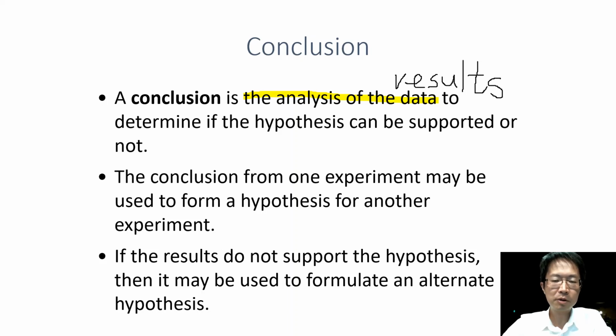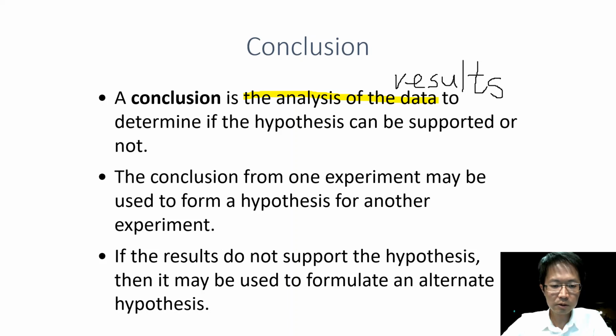For example, in the Benedict test from the last slide, the data will be the color changes of the Benedict solution. So the data that you need to record in your lab notebook is whether it is red, orange, yellow, green, or blue. So this will be your data.